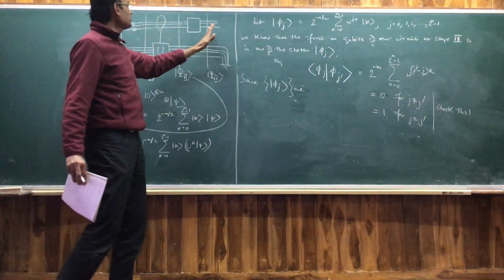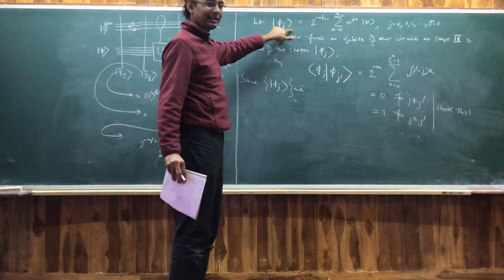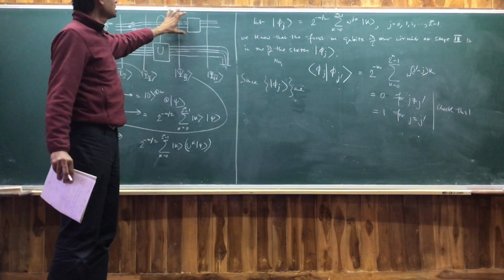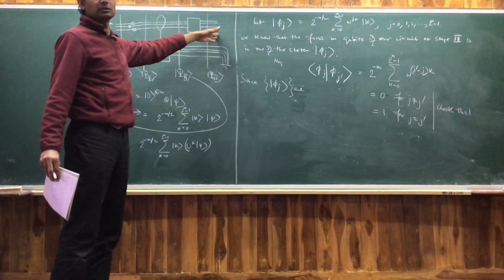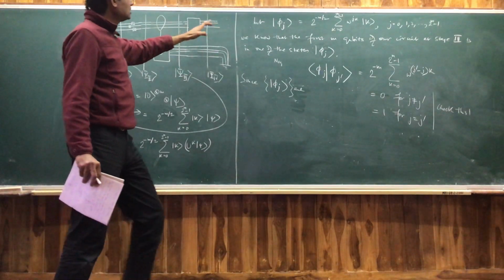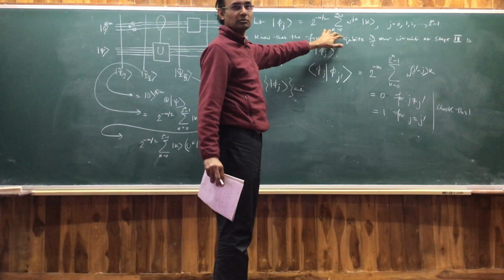But in circuits, we usually do not want to make a measurement of this type because this is very difficult actually. So we implement some unitary to bring it to the complementary basis, the computational basis. As you realize, this is actually a Fourier rotated basis from the computational basis.